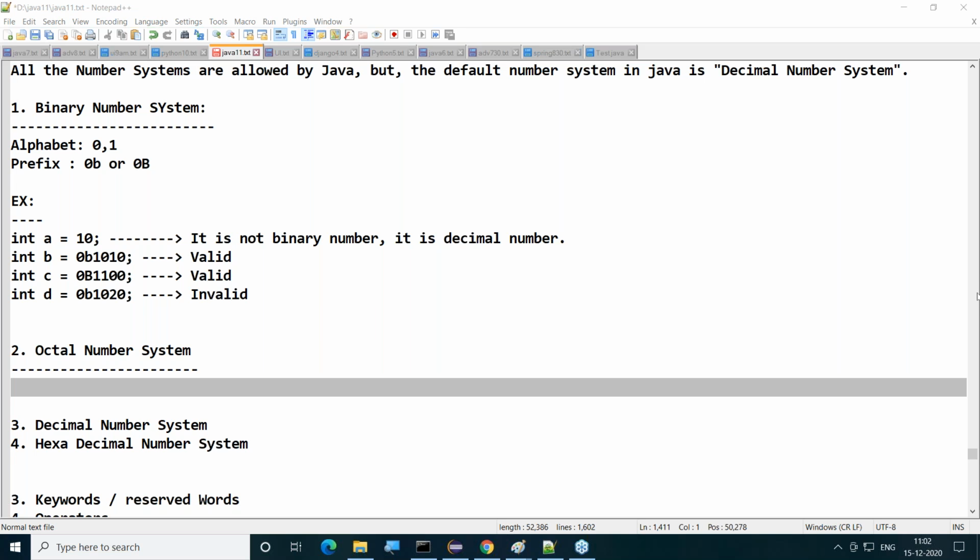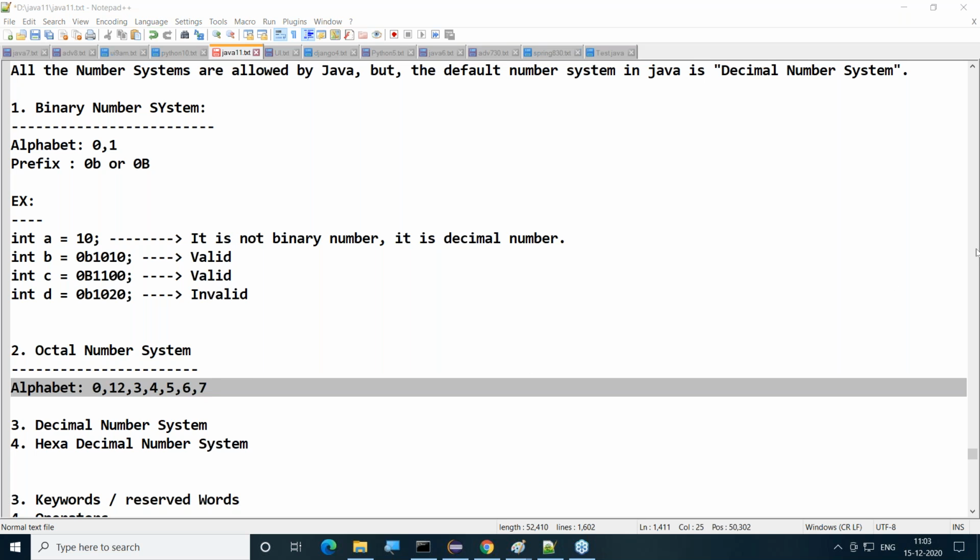In octal number system, the input alphabet would be 0, 1, 2, 3, 4, 5, 6, 7. 8 is not going to be included, guys.